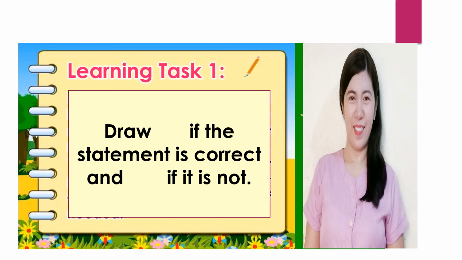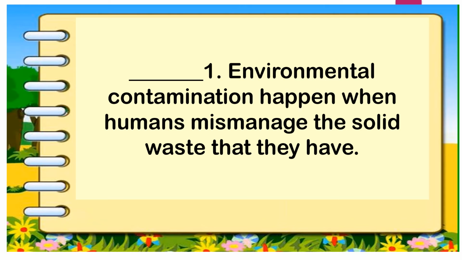Okay, let us answer this activity. For your learning test 1, draw a heart emoji if the statement is correct and a wow emoji if it is not. Okay, let's try.